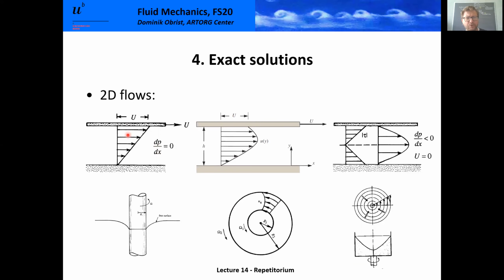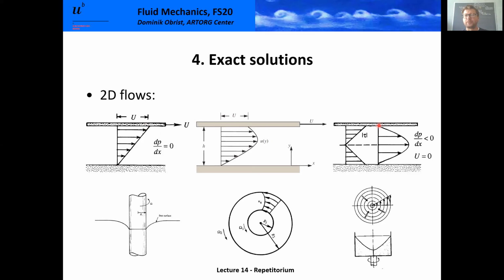Especially in the case where two plates are moving against each other, we obtained a surprisingly simple Couette flow, or plane Couette flow solution, which is just a linear velocity profile, and it's an exact solution of Navier-Stokes.